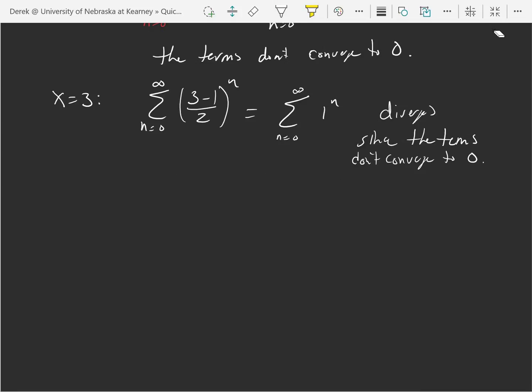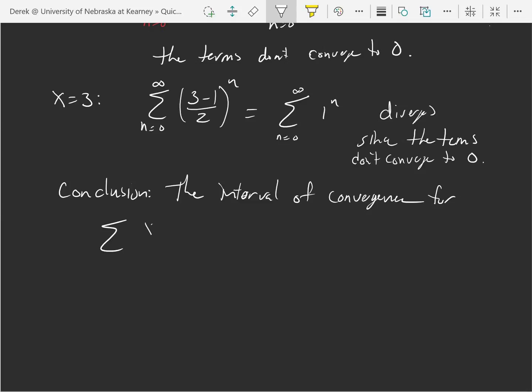Okay. Let's make our conclusion. The interval of convergence for the sum of (x minus 1) over 2 to the n from n equals 0 to infinity is the open interval -1 to 3.